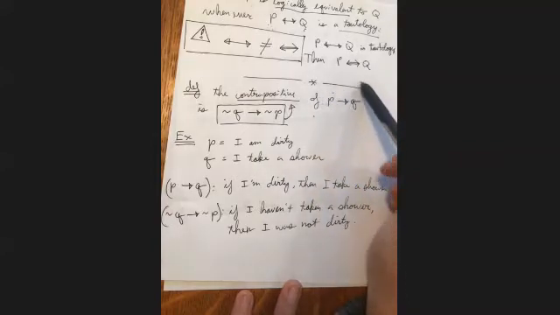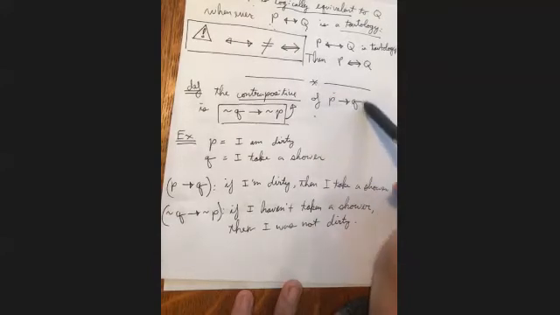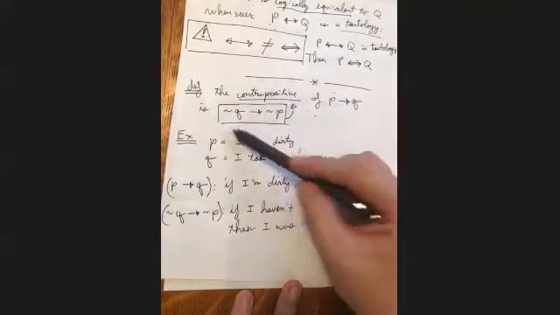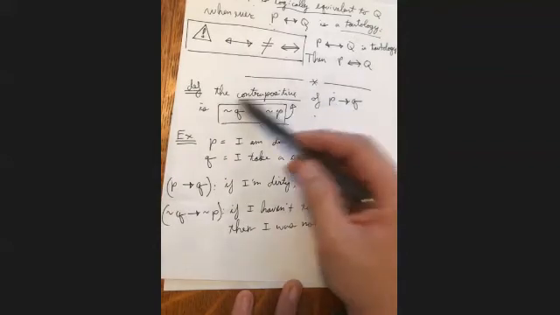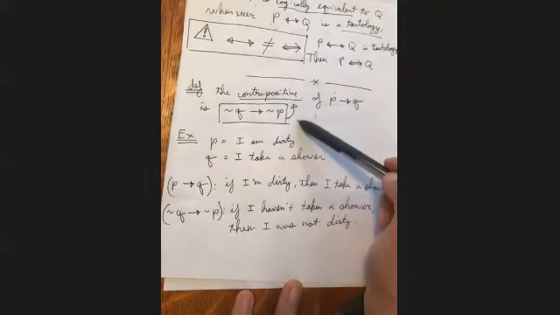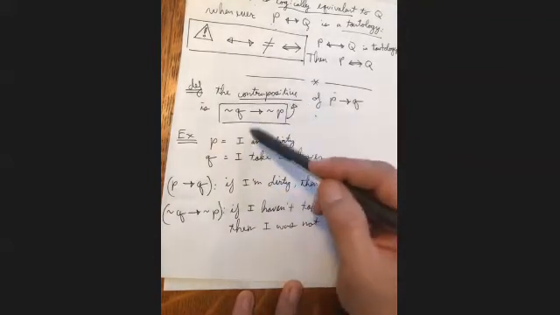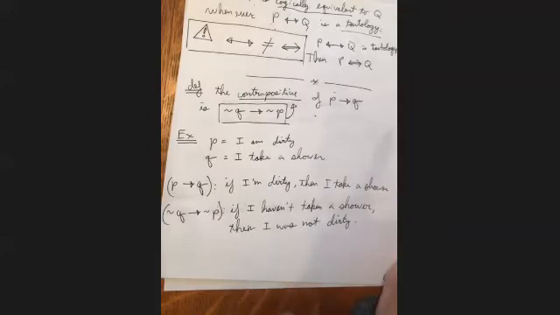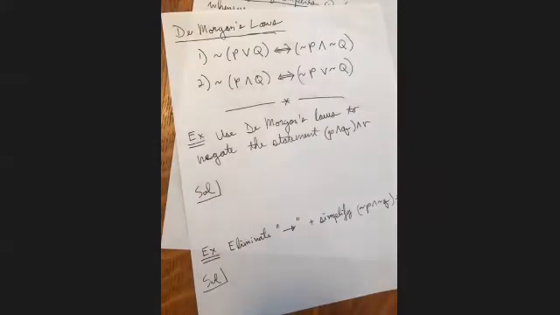For whatever reason, it's just too difficult to show that this is true. But if you try to show the contrapositive, it's easier, and there's a clearer path to actually showing that this statement is true. So the contrapositive is useful because sometimes it's easier to show the contrapositive is true than to show that the direct statement is true. So that's why we go over it.